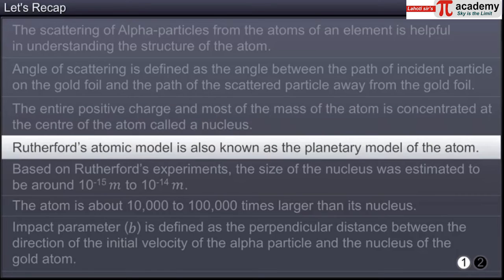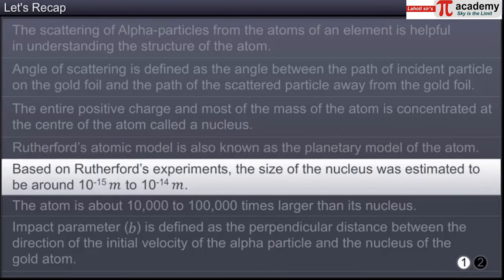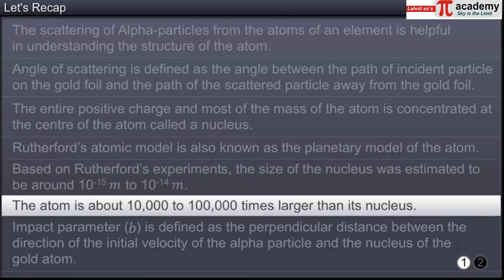Rutherford's atomic model is also known as the planetary model of the atom. Based on Rutherford's experiments, the size of the nucleus was estimated to be around 10 to the power minus 15 meter to 10 to the power minus 14 meter. The atom is about 10,000 to 100,000 times larger than its nucleus.